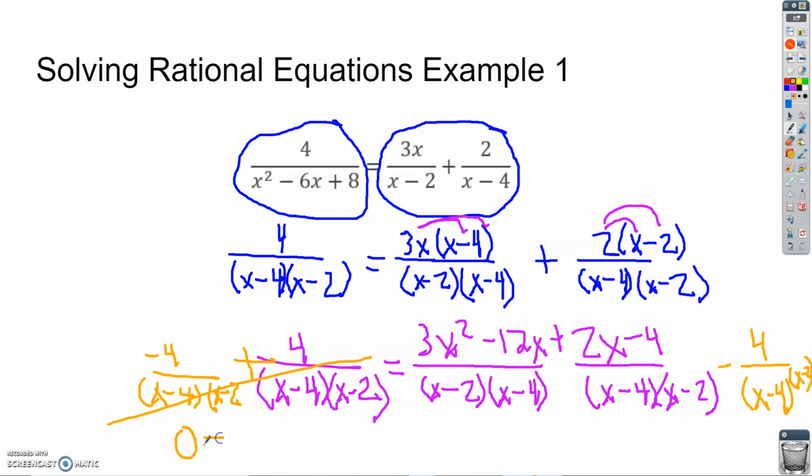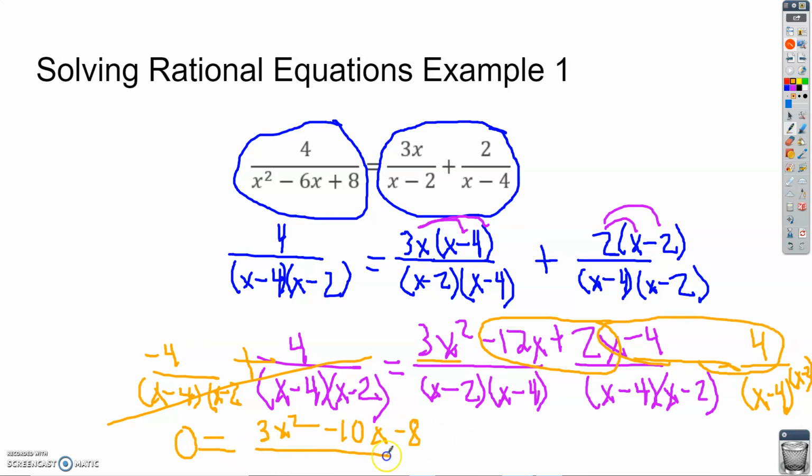So now I have 0 equals, and I'm going to combine these because all of these fractions have the same denominator. So that's 3x squared, negative 12x plus 2x is minus 10x, and then negative 4 and negative 4 makes negative 8, all over x minus 4, x minus 2.